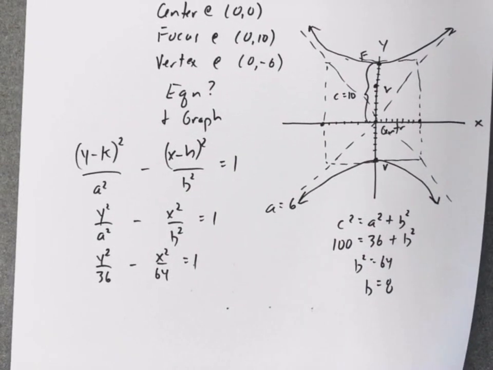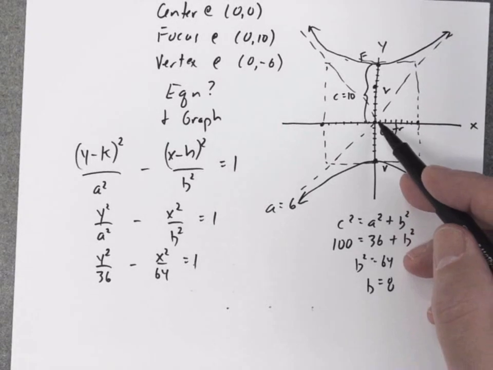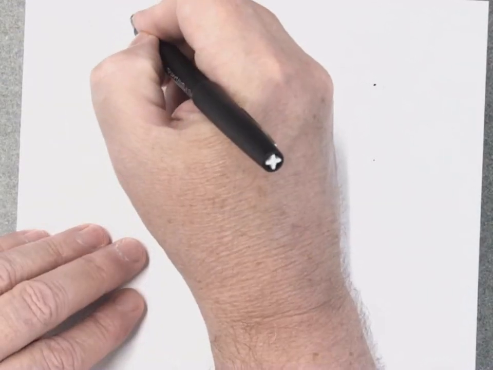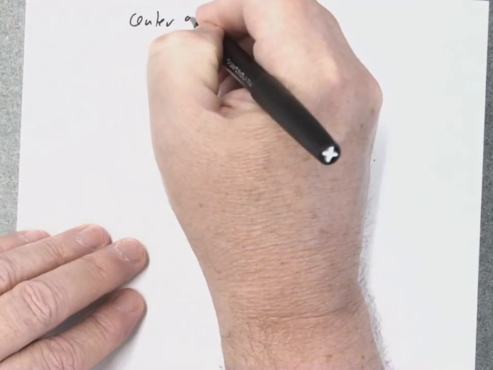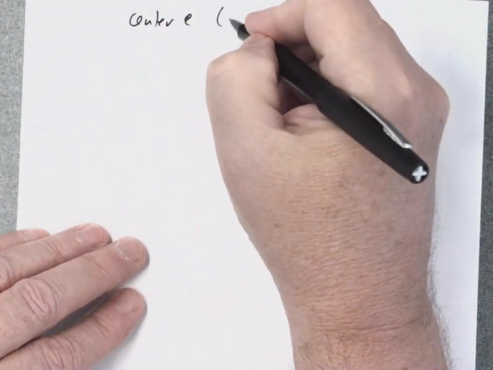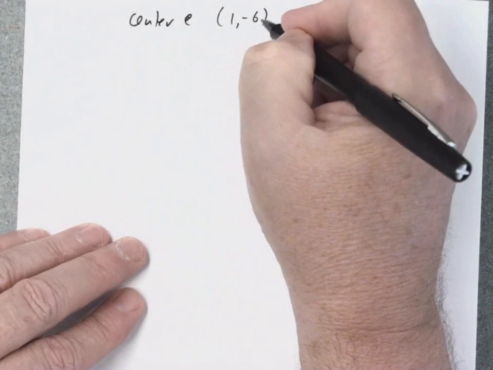Maybe I'll do another one quickly. I always like to do an example where the center is not at the origin. So for this one, the center is at (1, -6).